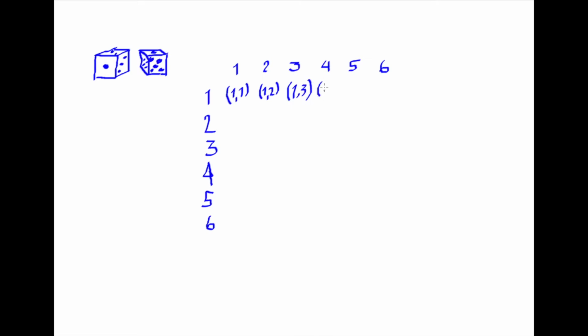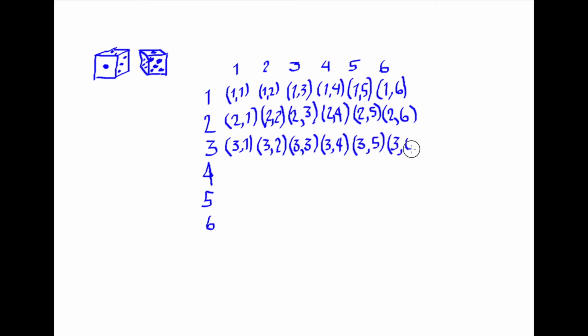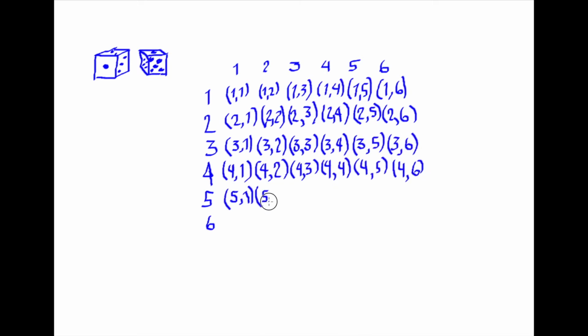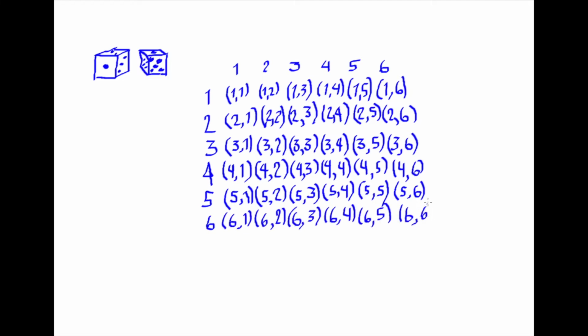And then we're going to continue this until we reach 6, 6. Continuing, we have 1, 5. So this is all of the possible pairs of values when you throw a pair of dice.